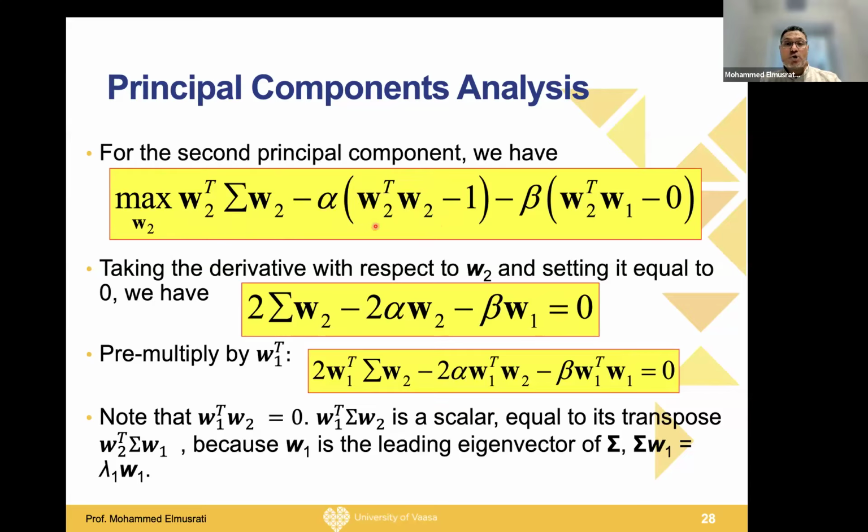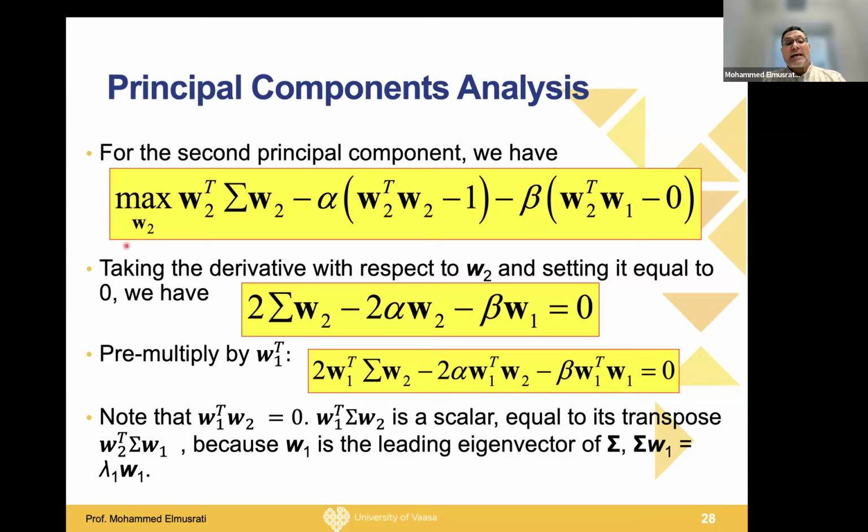This is the second constraint, as we did for the first component. And now I added this one, which means that W2 must be orthogonal to W1, so W2 transpose times W1 should be 0. And this is our second Lagrange multiplier, beta.